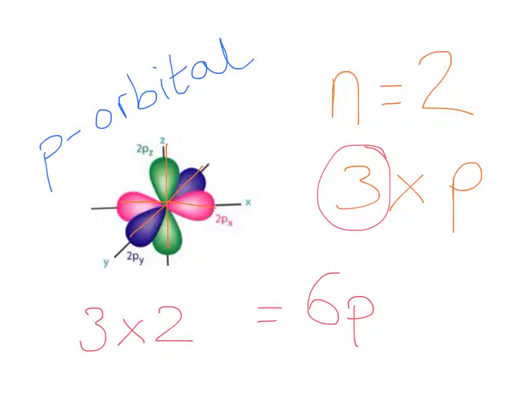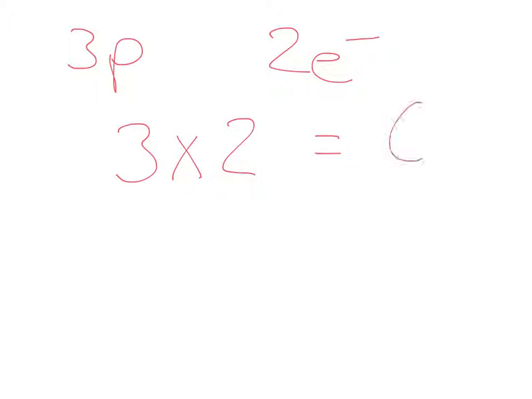There are s electrons as well. We'll talk about that on the next slide. So we've just said in our second shell we have 3 p orbitals. Each orbital can hold 2 electrons, giving us a total of 3 times 2, 6 p electrons.